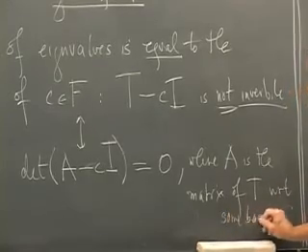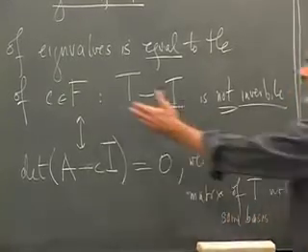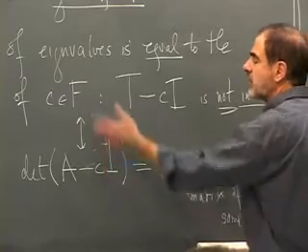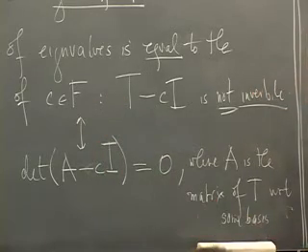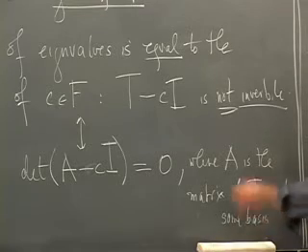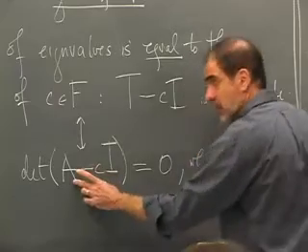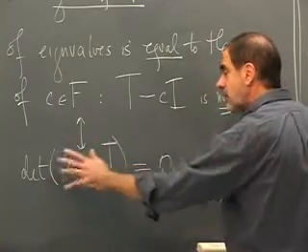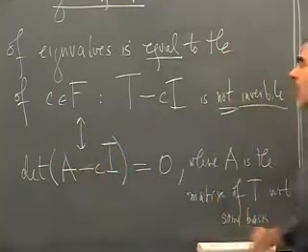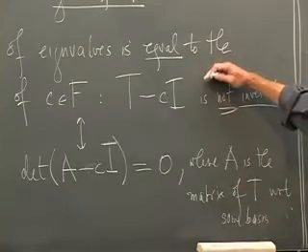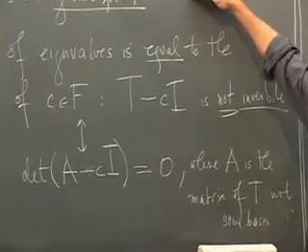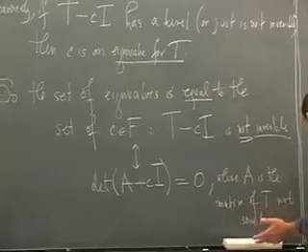The identity operator always has the identity matrix no matter what basis you choose. Same thing for a constant times the identity. So you choose some basis, you take the matrix of your operator, and then you calculate the matrix of this operator, which is a little different. You take its determinant, and if its determinant is 0, then this operator is not invertible, and consequently C is an eigenvalue. Now, what does that help?